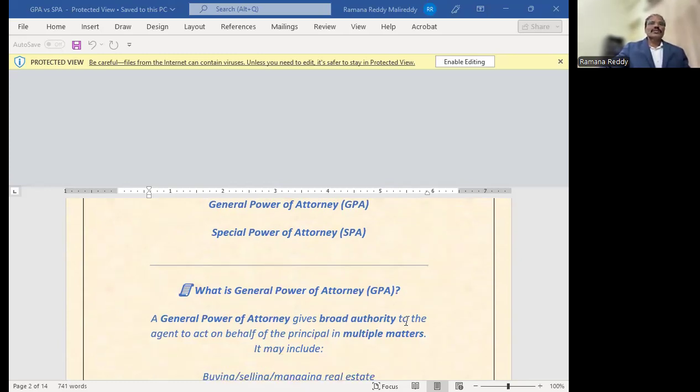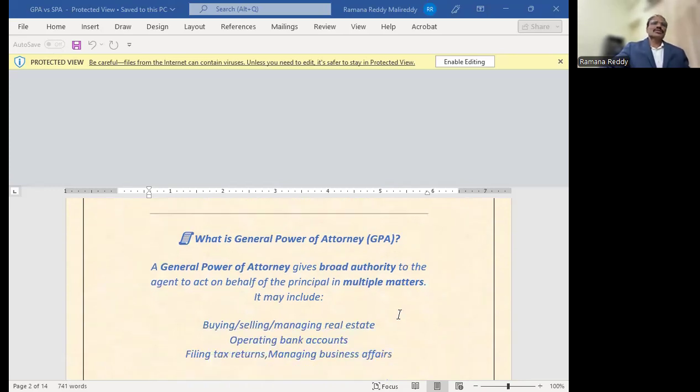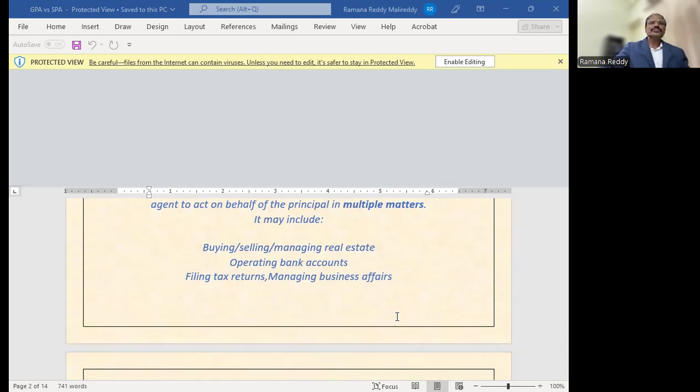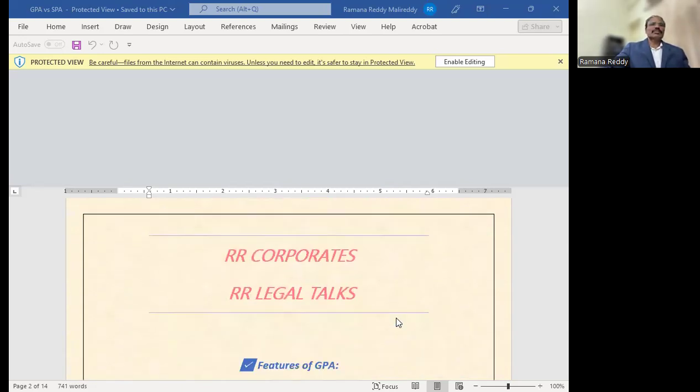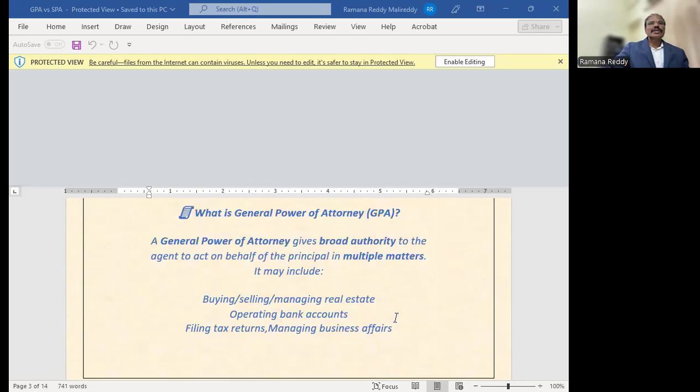So you are giving a broad authority, not a specific one, for multiple matters, multiple activities, which include buying the property or selling or managing real estate, operating bank accounts, filing tax returns, managing business affairs. This is the definition of general power of attorney.